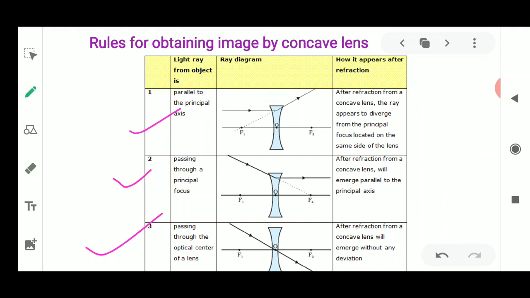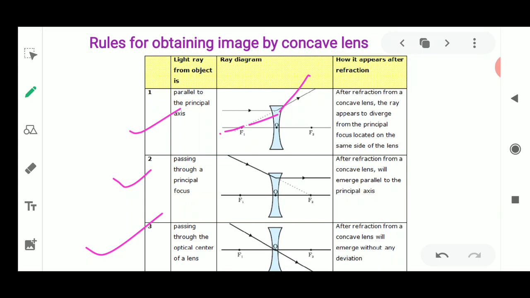Next, whenever a ray of light is parallel to the principal axis, it is always going to be diverged. Why? Because this is a diverging lens. This diverging lens is going to refract the light in various directions, and if you extend these rays backwards, then they appear to pass through the focus of this lens.